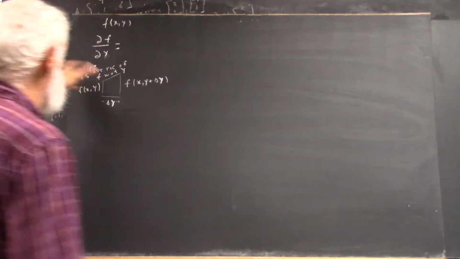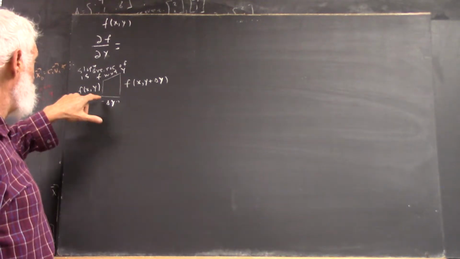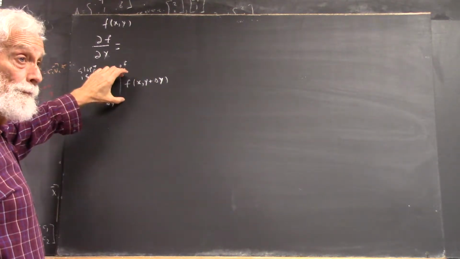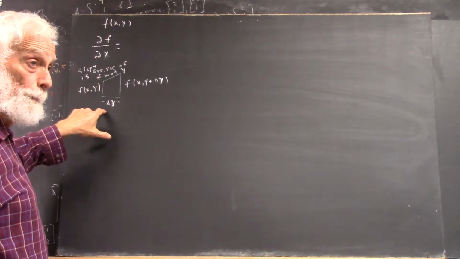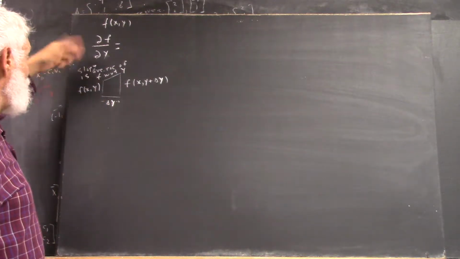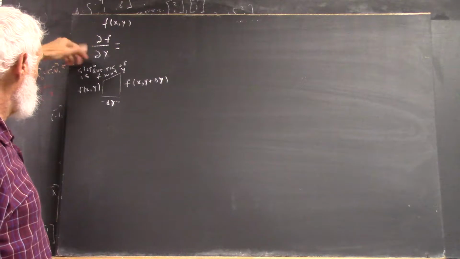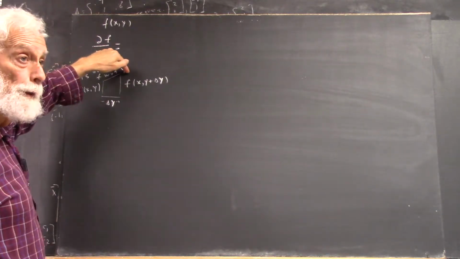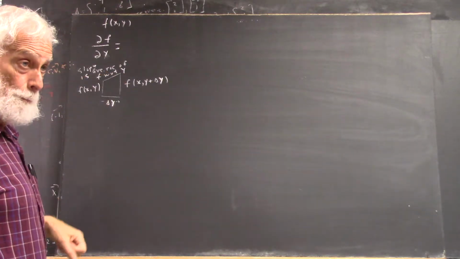Well, here it is on the board. We got the f of x, y here and the f of x, y plus delta y here and the delta y here. Now, this is written kind of badly because I kind of squeezed it in. It says slope is the average rate of change of f with respect to y.